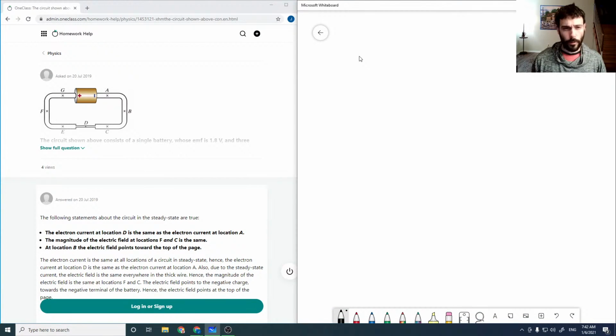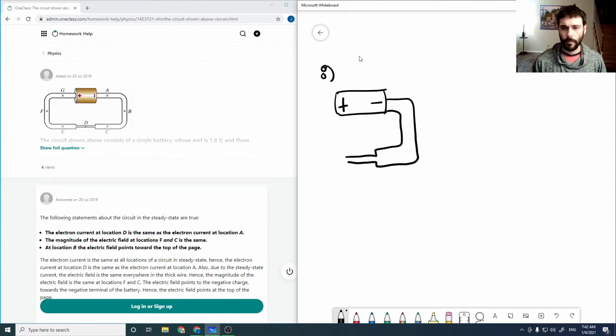So then for this question here, I'm going to draw it and go through some of the questions here. So we've got a battery connected by some thick wire moving to a thinner wire and then back to a thicker wire.